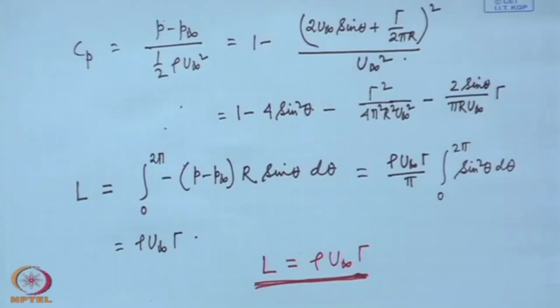The source or sink we are just imagining at the center of the cylinder, that is all. It is in our imagination. Even the singular vortex is also in our imagination. We are assuming that the effect of the cylinder is such that we have a point doublet and a point vortex at the center, that is all.